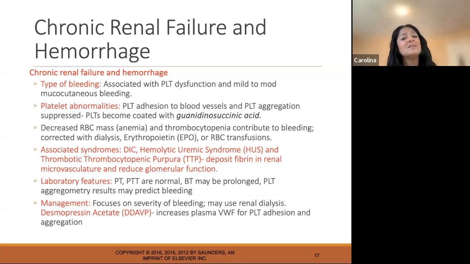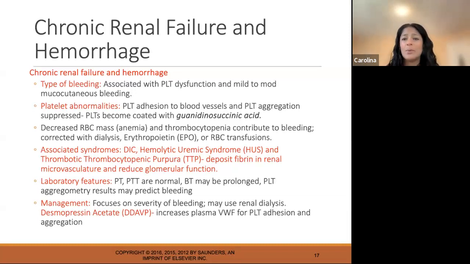There's also a decrease in red cell mass, which is also known as anemia. There's thrombocytopenia that also occurs that contributes to the bleeding, okay? Now, it can be corrected in certain instances with dialysis and EPO or red cell transfusions.